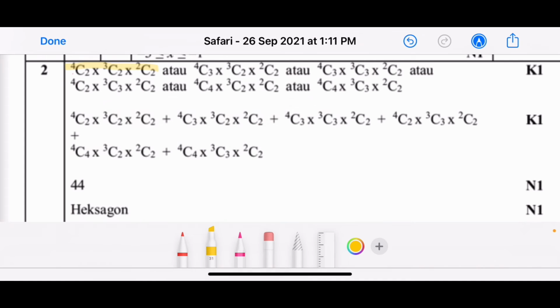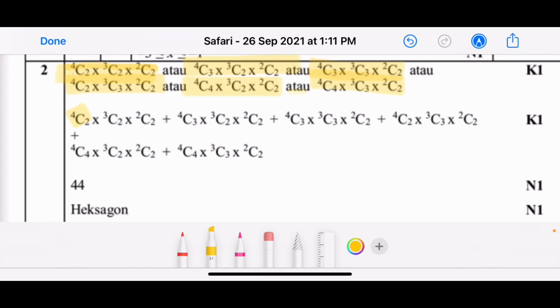If in your answer you show 4C2 multiplied by 3C2 multiplied by 2C2, or 4C3 multiplied by 3C2 multiplied by 2C2, or 4C3 multiplied by 3C3 multiplied by 2C2, or 4C2 multiplied by 3C3 multiplied by 2C2, or 4C4 multiplied by 3C2 multiplied by 2C2, or 4C4 multiplied by 3C3 multiplied by 2C2, you will be awarded 1 mark.